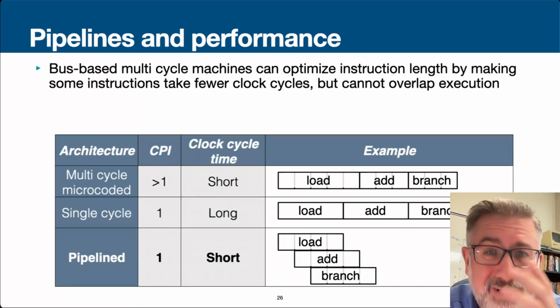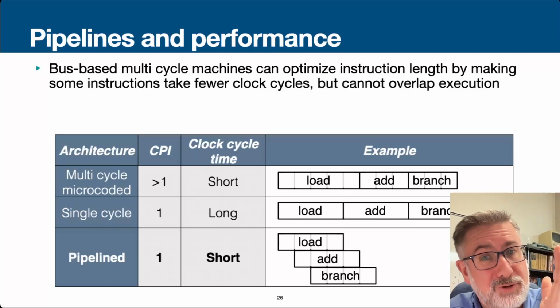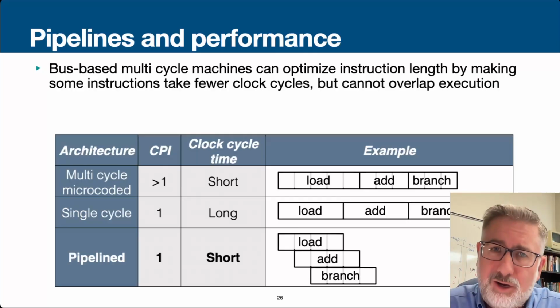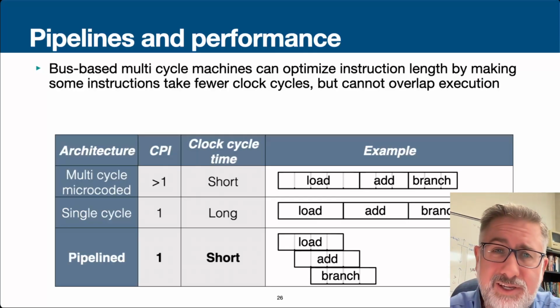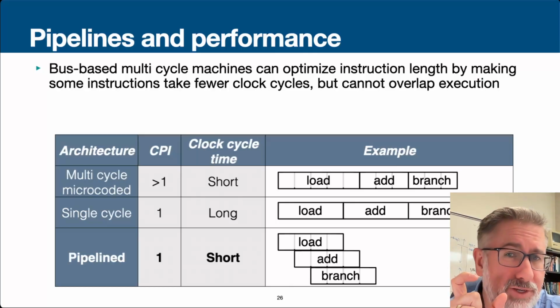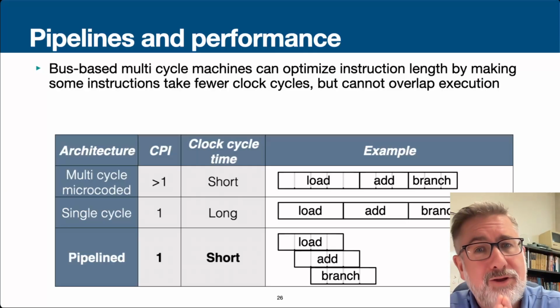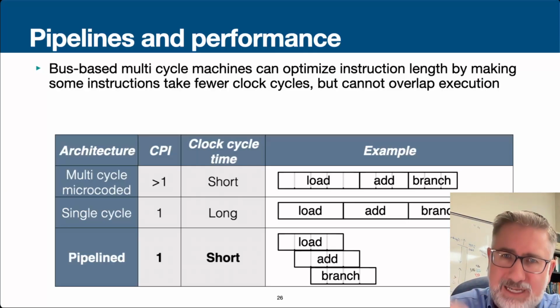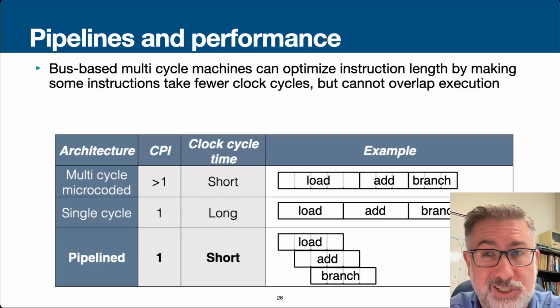And this is the main thing to think about: pipelining doesn't just allow us to optimize the use of the hardware that we've built for our machine, it also allows us to dramatically increase the clock speed because each individual functional unit can be completed in a much shorter period of time rather than having to have register file access and ALU and memory and instruction cache all in the same clock cycle.